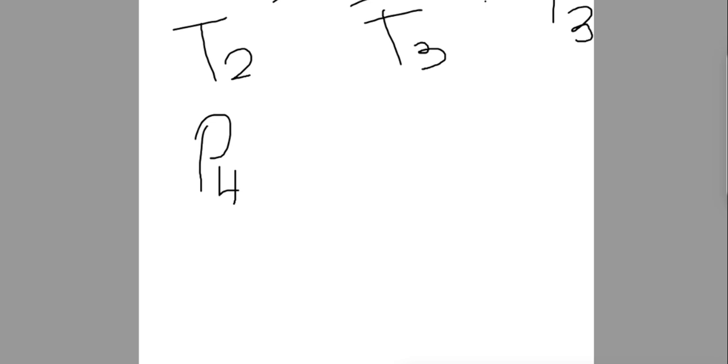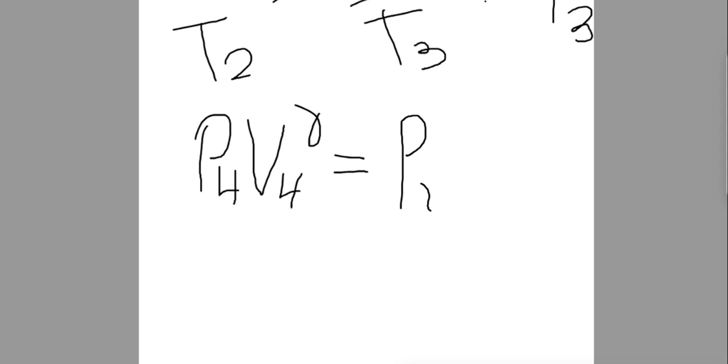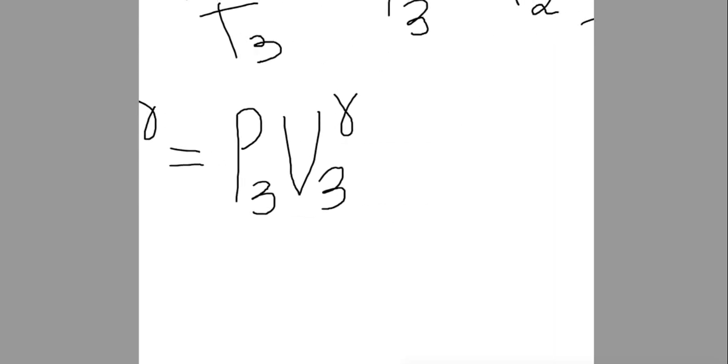Now our P4, then we have V4 raised to power gamma is equal to our P3 V3 raised to power gamma, and that is our formula here. So what we just need to do is to make our P4 the subject of the formula.